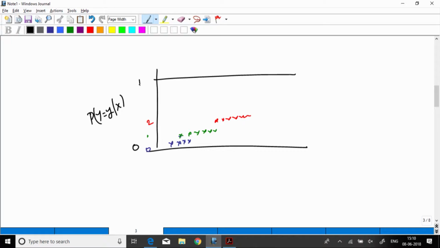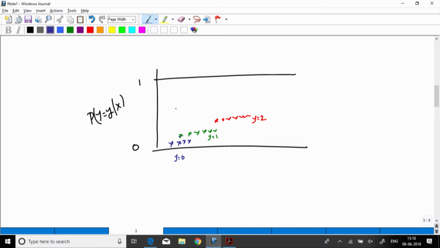Okay, maybe I should not use this thing. Blue means y equal to 0, green is y equal to 1, and red is y equal to 2, the true y. Now how should the density function look for blue?